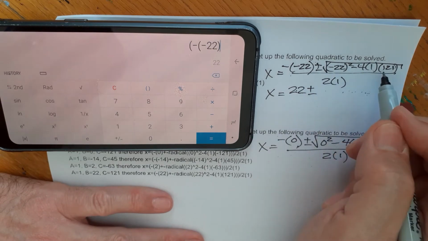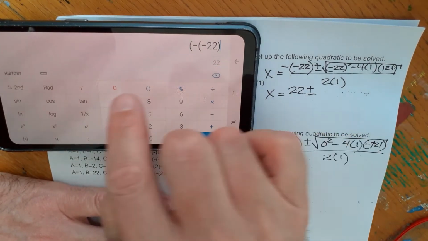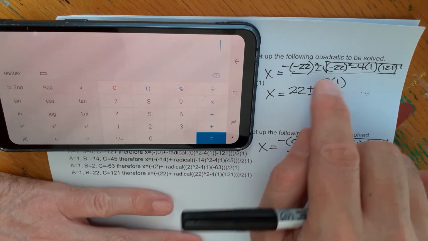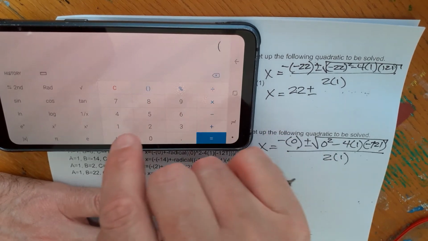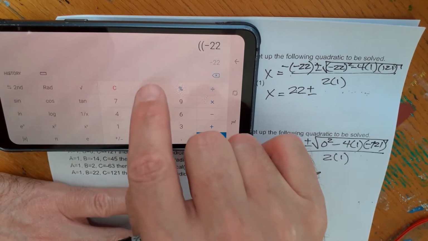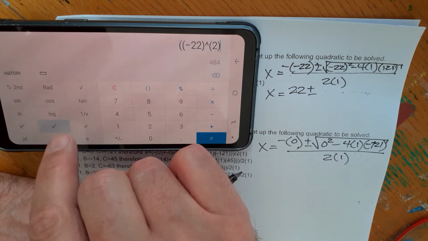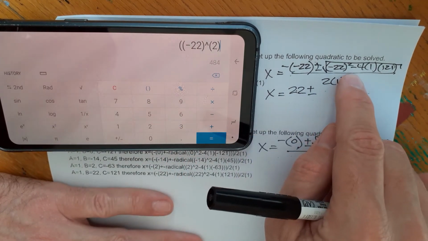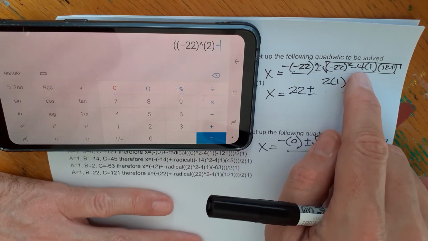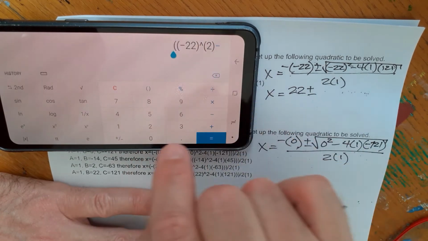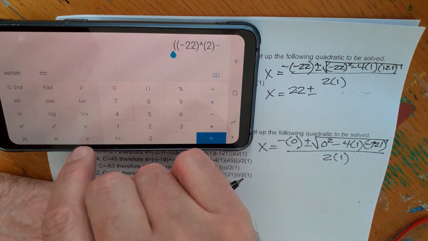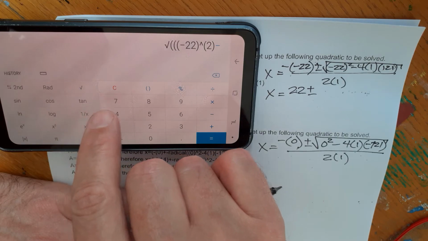Let's just do the number under the radical, okay? I'm forgetting how to do this. Let's see. Parentheses, negative 22, parentheses squared. There we go. Minus, and I'd like to put a square root around this if I can do it. Square root. There we go.